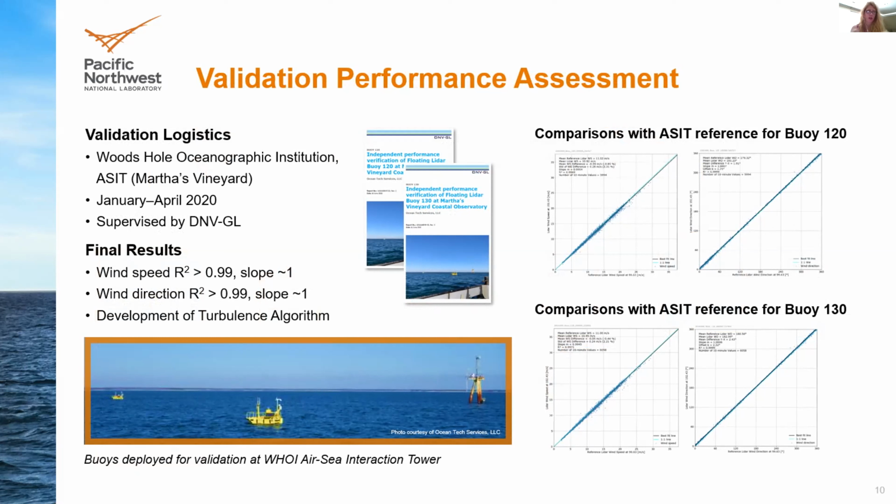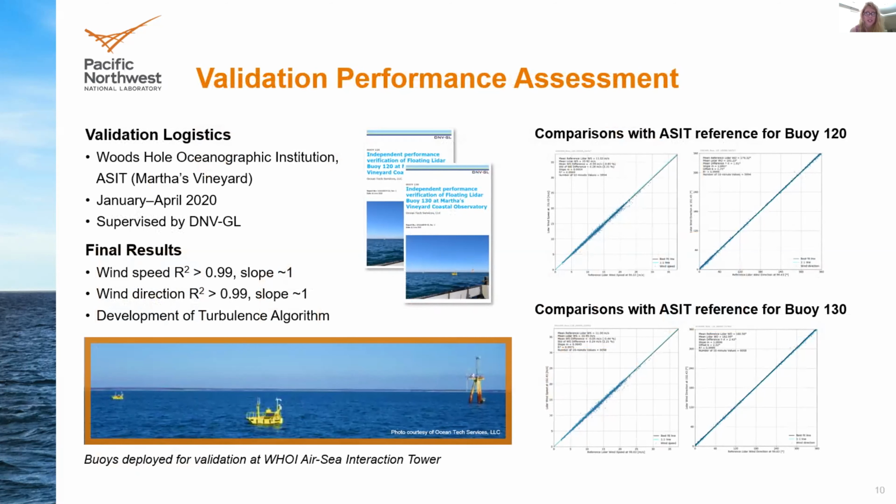And so, as I mentioned, the buoys were deployed, and the LiDARs were compared with reference LiDARs on the air-sea interaction tower between January and April of this year. The overall upgrade and validation was supervised by DNVGL, and these are copies or screenshots, I guess, of the independent performance verification reports for both LiDARs.